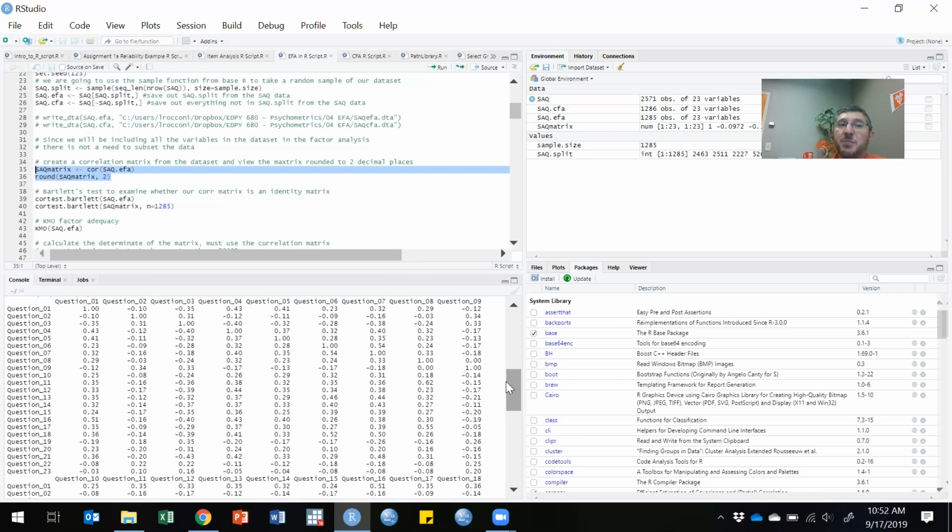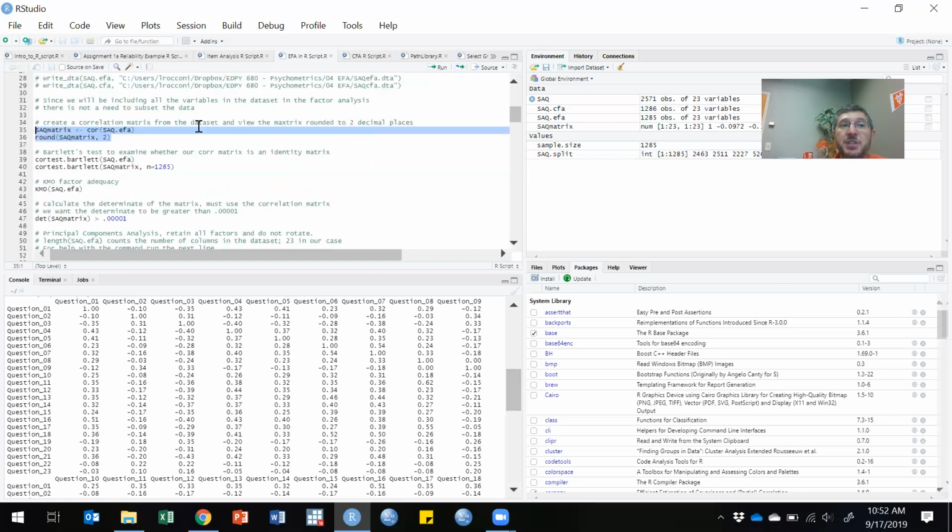Bartlett's test of sphericity basically just tests whether the correlation matrix is an identity matrix. And by that we mean that all the variables are independent of each other. Basically, the correlation matrix would have 1 on all the diagonals and 0s on all the off diagonals, right? None of the variables are related to each other.